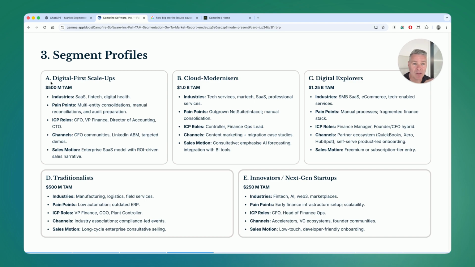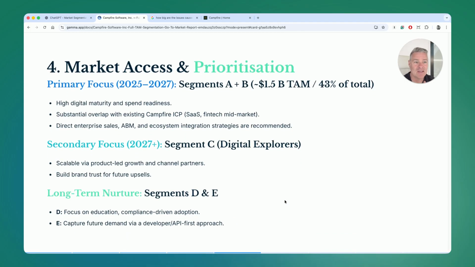So what do we got? We got five segments here with a really clear breakdown. Notice how different they are. They're all great opportunities. Some will be more lucrative than others. So you'll see that what the segmentation does, it says, okay, segments A and B are the places to start with. But it's like we've got a whole roadmap for the business here.